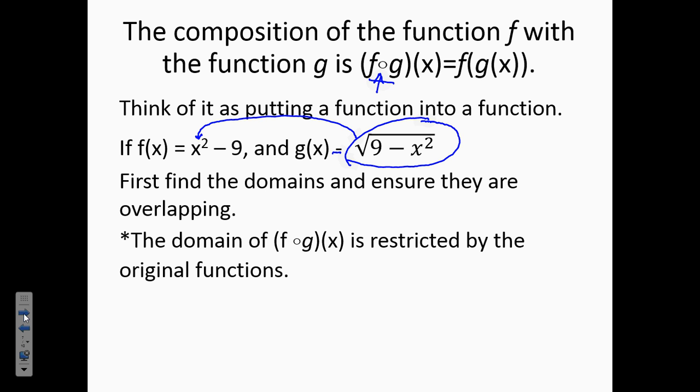So we can't be bigger than 3, and the whole thing can't be smaller than 0. Does negative 3 work? Negative 3 works, right? Does negative 4 work? No, because we get 16. 9 minus 16 is going to give us a negative 5, and we can't take the square root of a negative 5. So x has to be between, but including, negative 3 to 3.